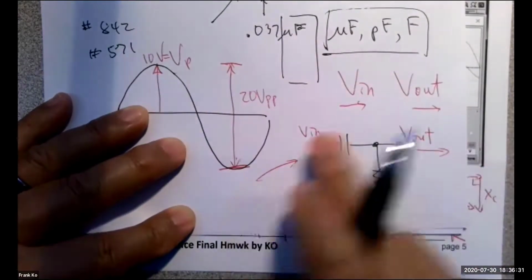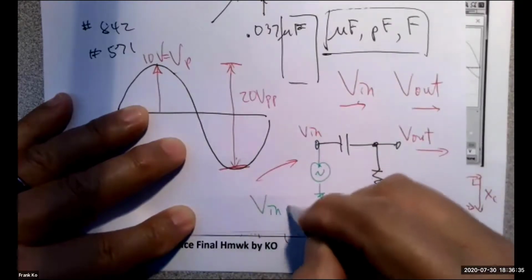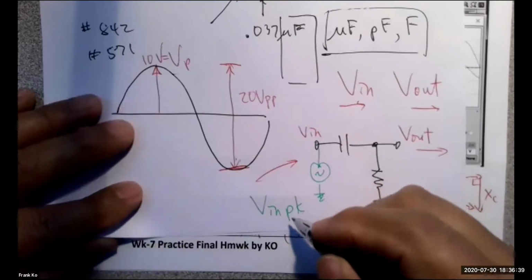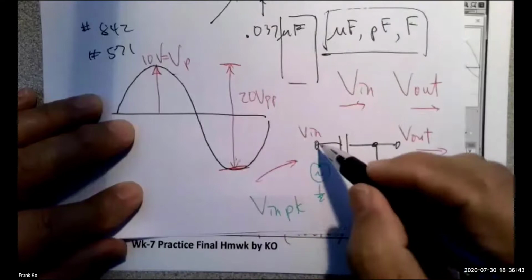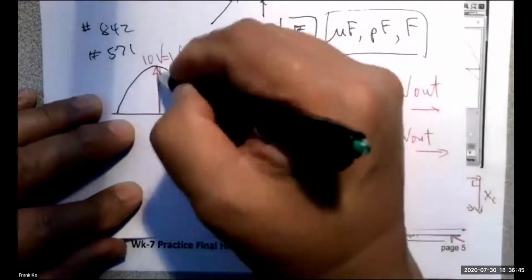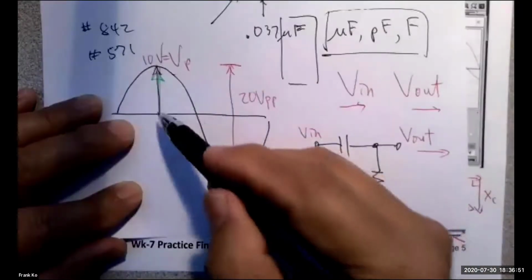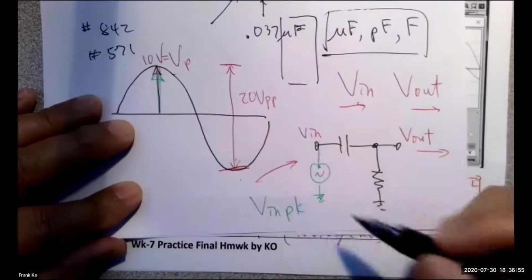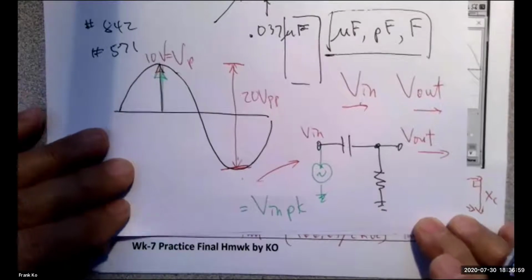That's what's being attached going in. And your V in peak, with or without the K after the P, is the peak voltage coming in. So if the source is 20 volt peak to peak, then your input is going to be half of that, which is 10 volt peak. Does that help clarify what we're talking about here?